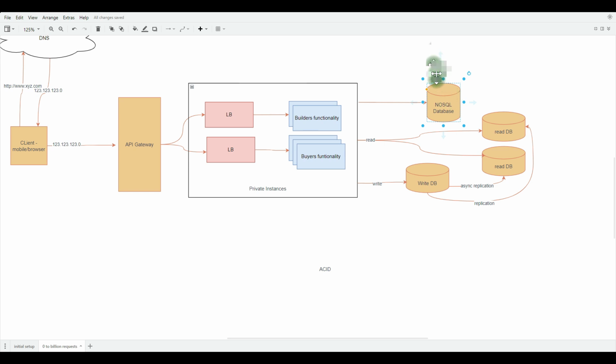So I can have more replicas available in a similar way. Okay, so this is about the replication mechanism, and this is also known as master slave architecture. You can say that this is the master instance and these are the slave instances of the database available.